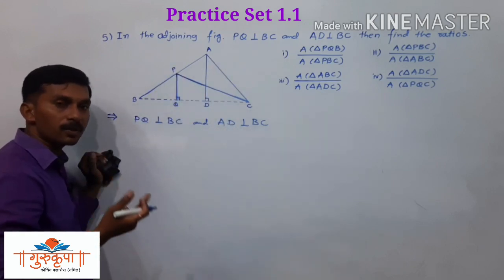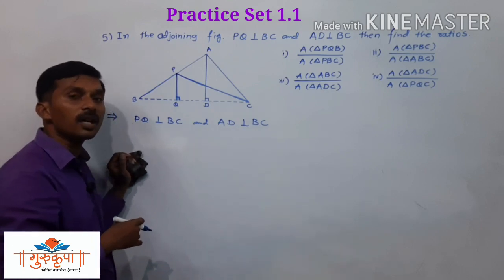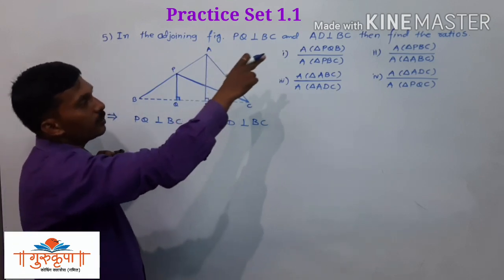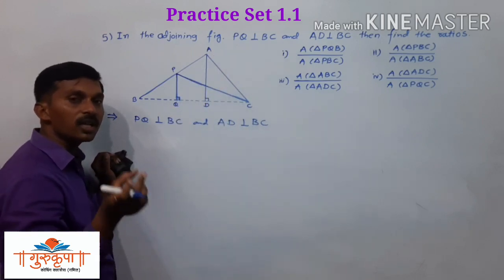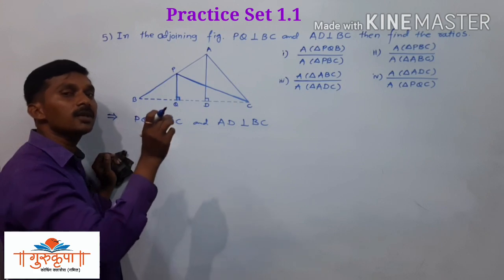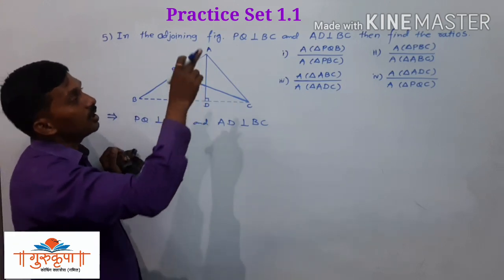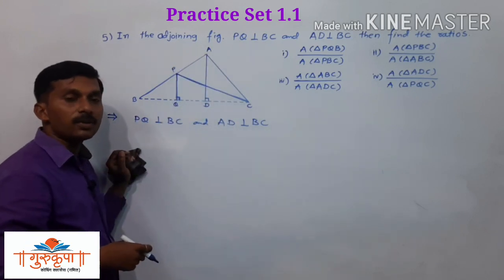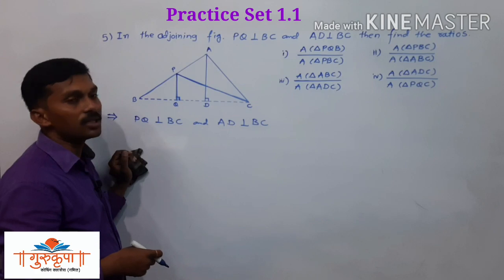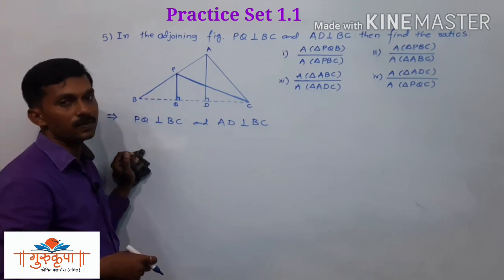So by using the property of the ratio of the areas of two triangles having equal heights, area of triangle PQB upon area of triangle PBC is equal to the ratio of their corresponding bases. As all of you know, when the heights of two triangles are equal, the ratio of the areas of those two triangles is equal to the ratio of their corresponding bases.